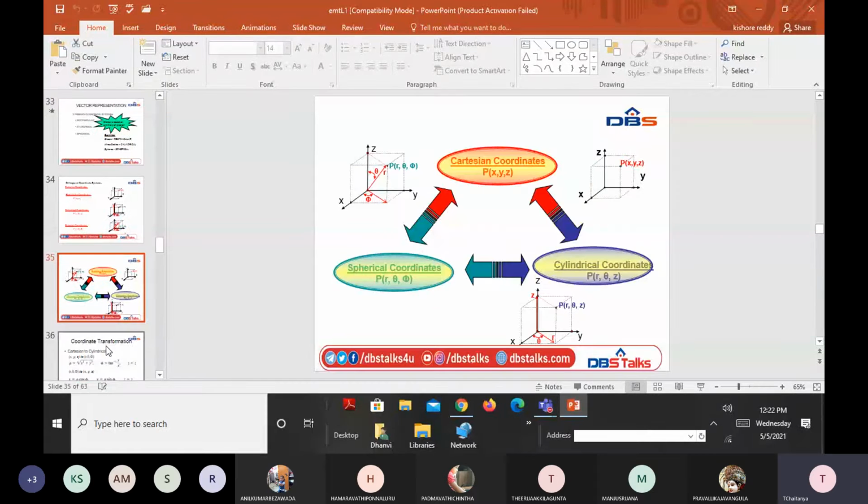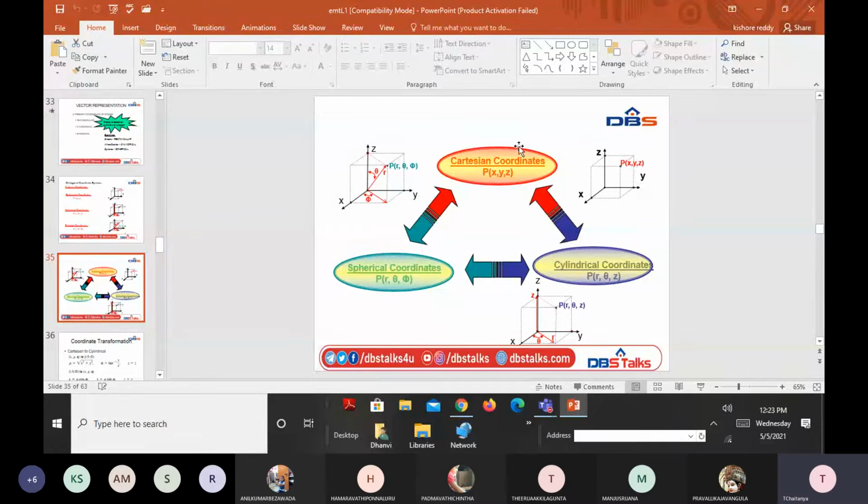In the next slide, we need to see the transformation of coordinating systems. Suppose I have a Cartesian coordinating system. With its help, can I get cylindrical coordinating parameters? Yes, we can have conversions from Cartesian to cylindrical, cylindrical to spherical, or spherical to Cartesian.